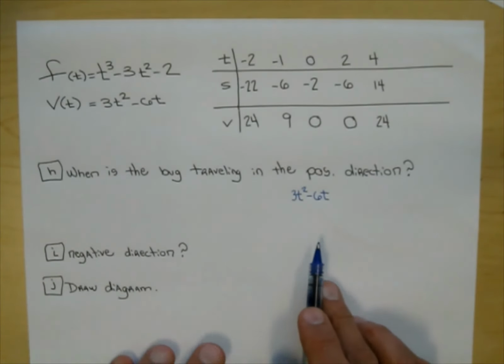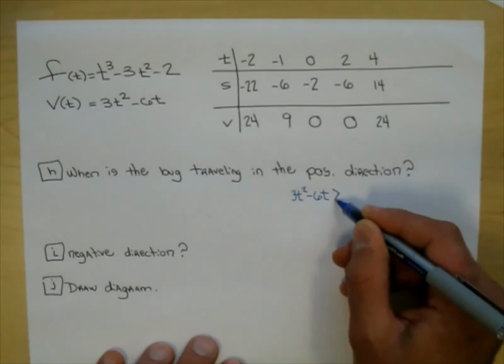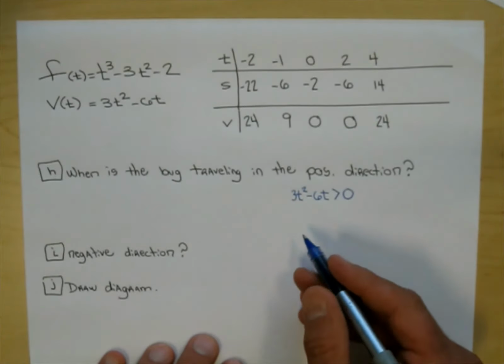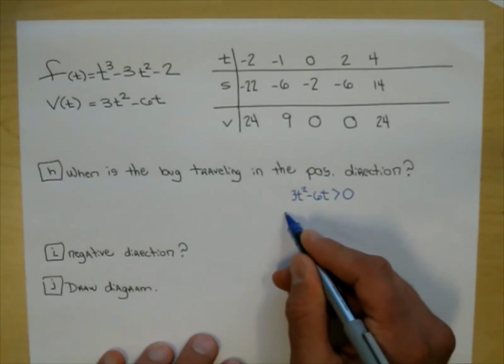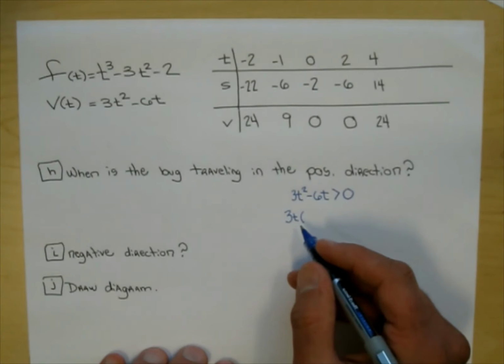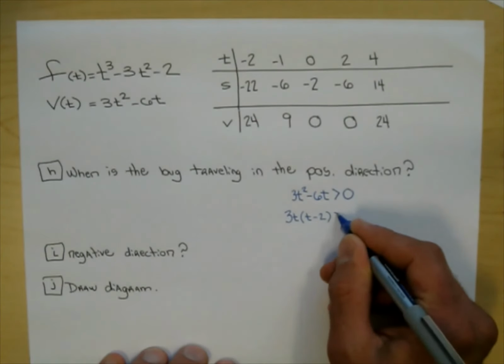A positive direction is when the velocity is greater than 0. So I'm going to factor out a 3t, and so I have t minus 2 greater than 0.